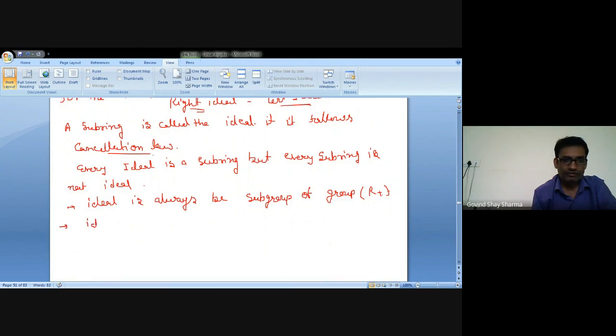Now, there are some remarks on ideals. An ideal of a commutative ring is also commutative.